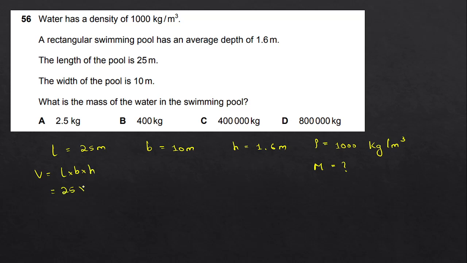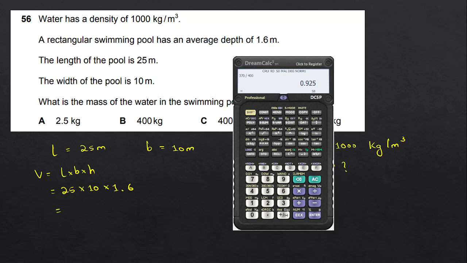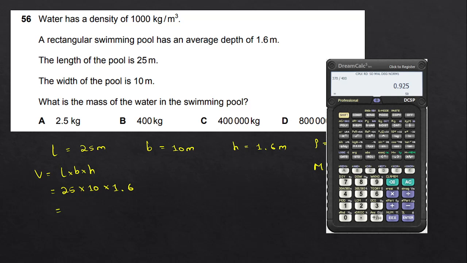That's 25 times 10 times 1.6, it's 400. The volume of the swimming pool is 400 meter cube.